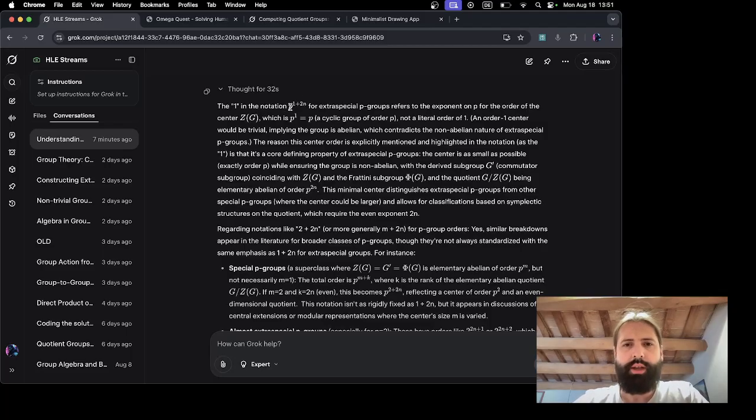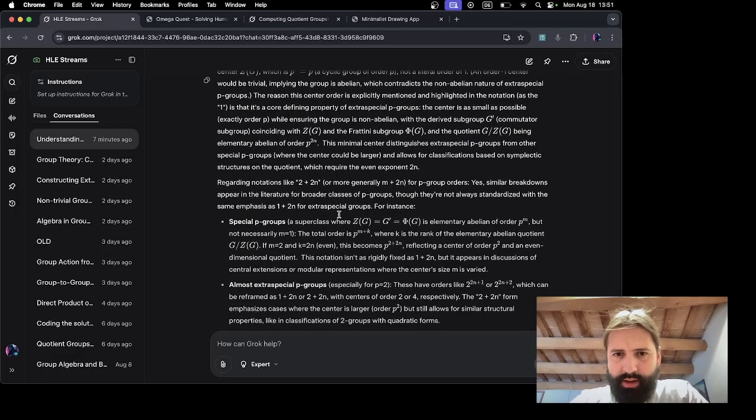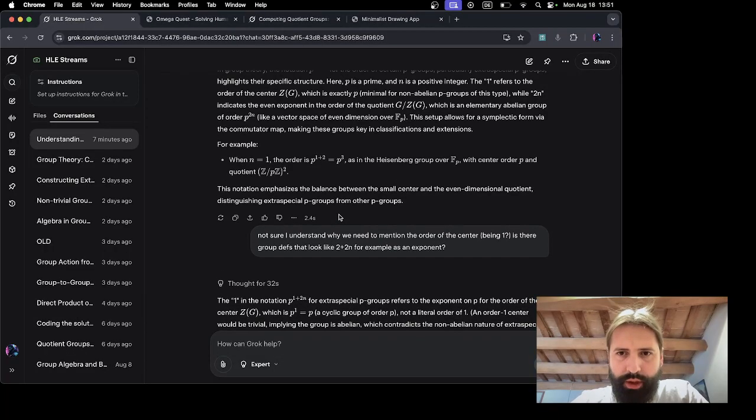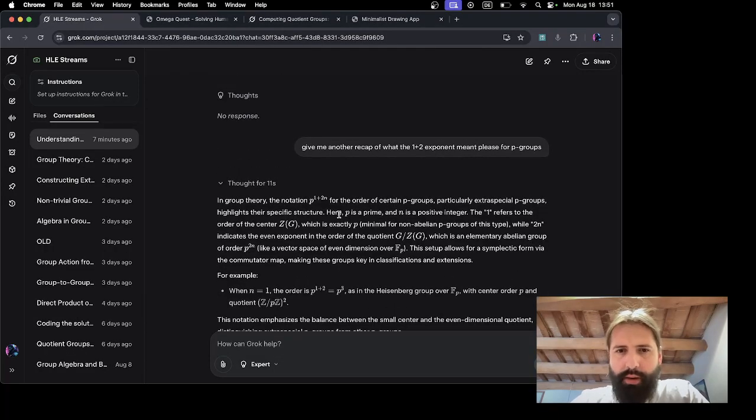So we're constructing a set p to the 1 plus 2n, and it's telling us 1 plus 2. That tells us that the quotient has order 2, exactly.